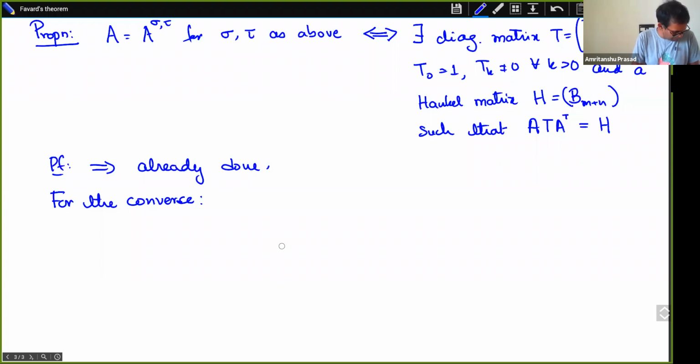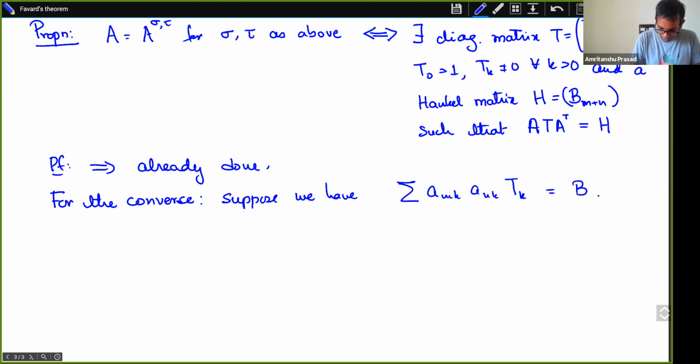So for the converse, suppose we have this equation. I'll write it in the summation form: the sum over k of A_mk A_nk T_k is equal to B_(m plus n) for all m, n.